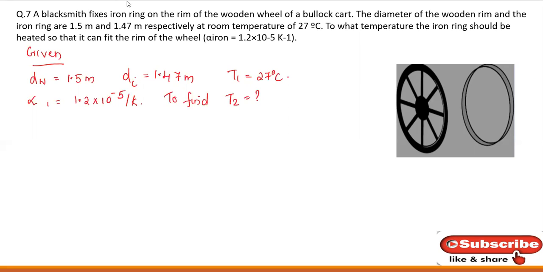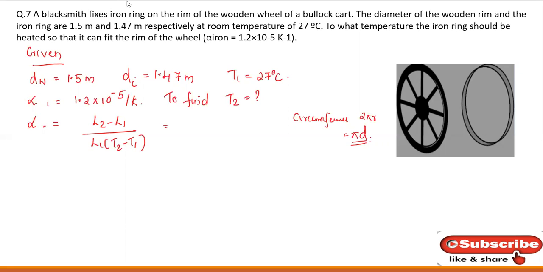Alpha is equal to L2 minus L1 upon L1 into T2 minus T1. Here, the length of the wooden rim will be equal to the circumference. We know the formula for circumference is 2 pi r, or pi d. So length will be equal to pi d.